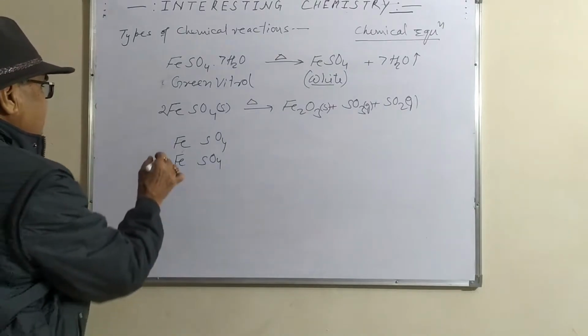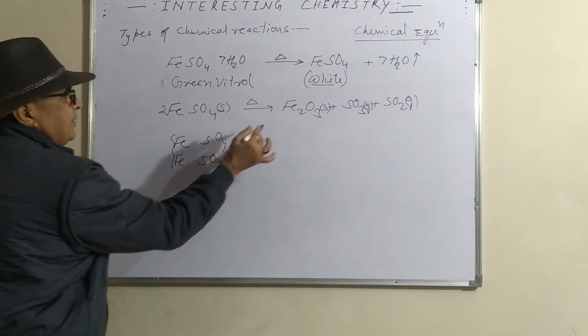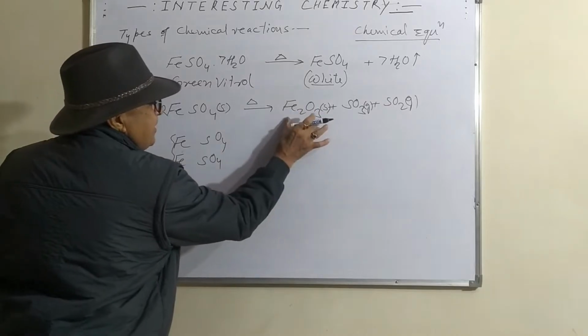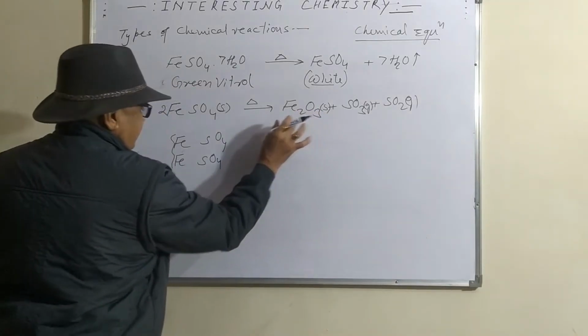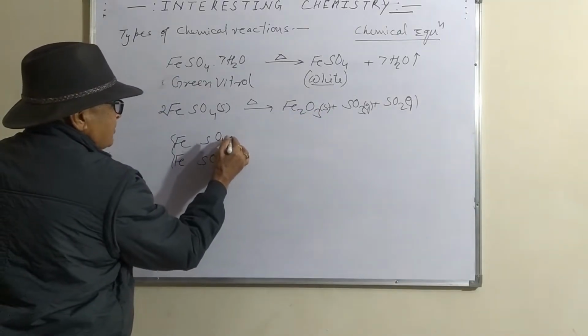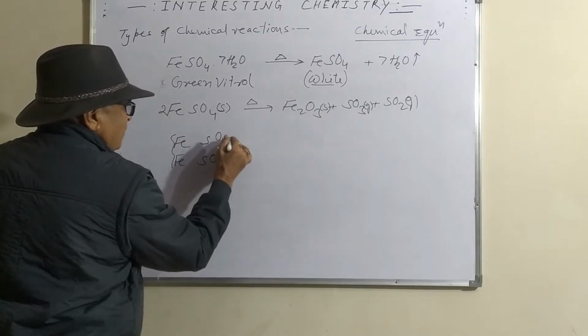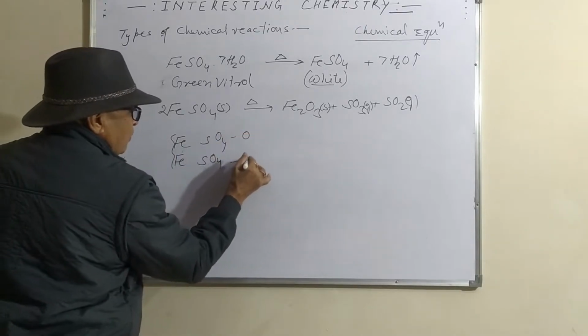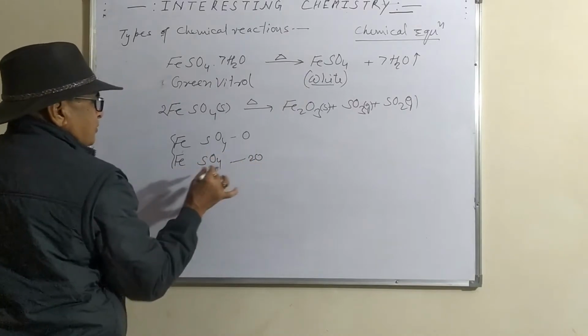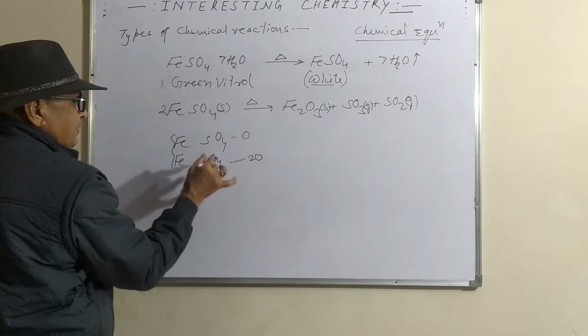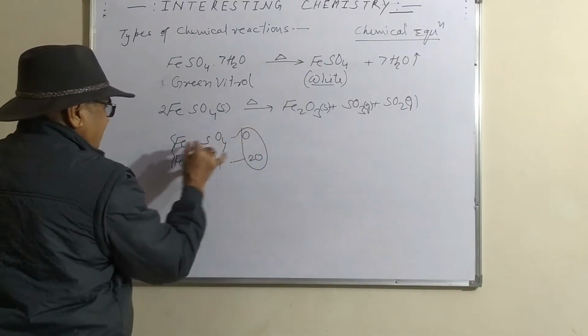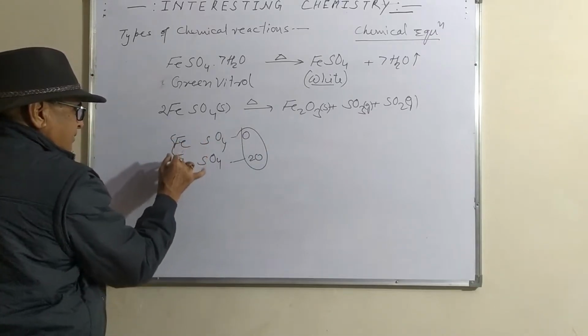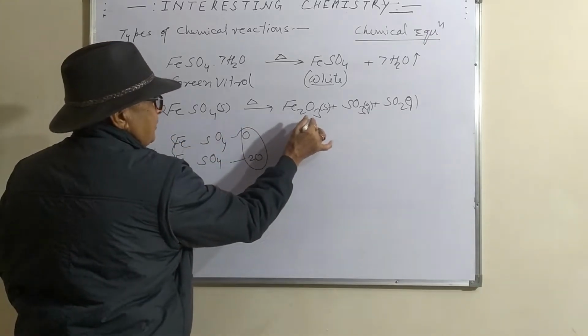You need these 2 Fe. These 2 Fe require 3 oxygen to make ferric oxide. So 1 oxygen from here, 1 oxygen from here and 2 oxygen from here. So these 3 oxygen will combine with the Fe, then Fe2O3.